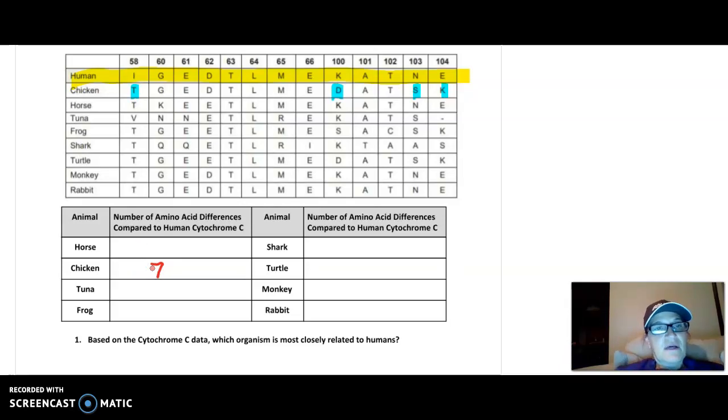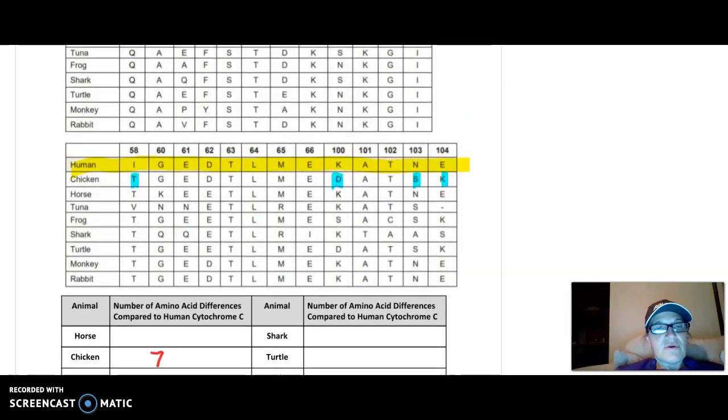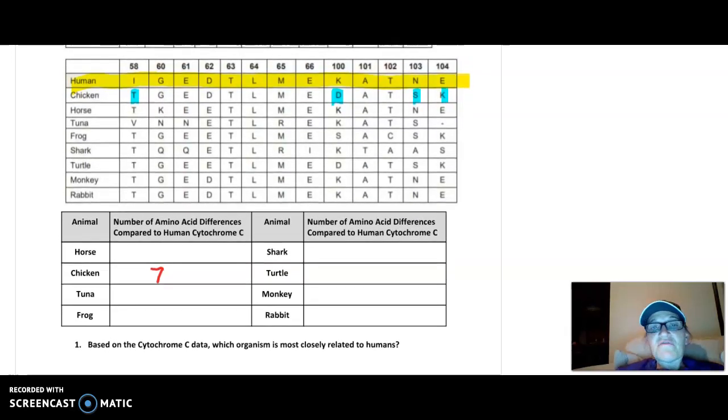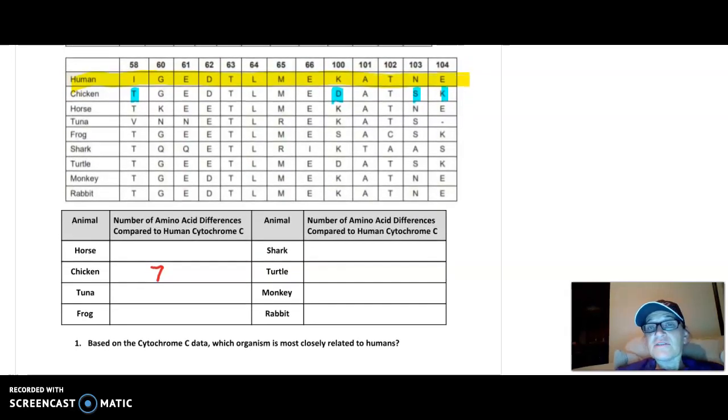All right. You're just going to go through and you will do that with each of these organisms. What you're going to find is that the organism that has the fewest differences means it has the greatest similarity in the protein or in that molecule. Therefore, the DNA of those two organisms also have greater similarity, which is an indication of relatedness.